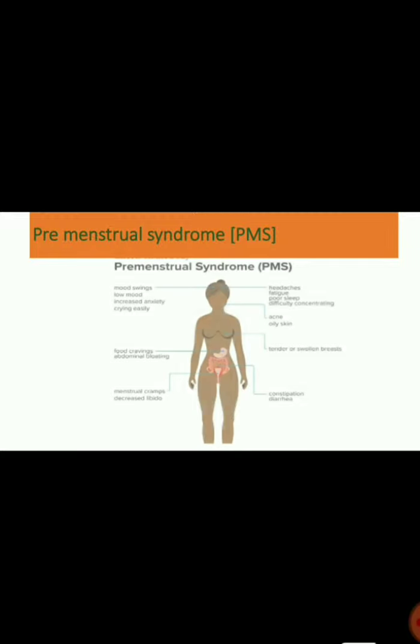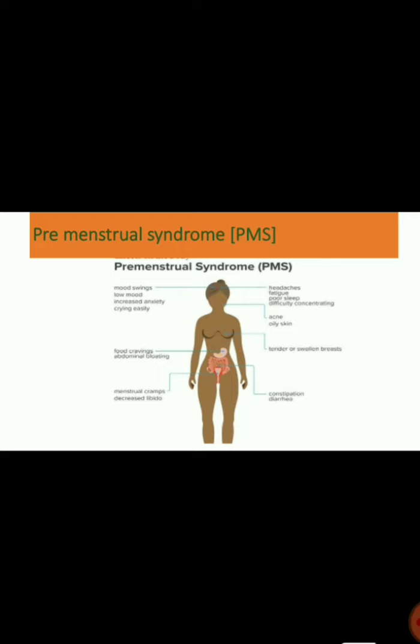Premenstrual syndrome is a disorder of unknown etiology, noticed just prior to menstruation. There is a cyclic appearance of a large number of symptoms during the last 7 to 10 days of the menstrual cycle. Before categorizing it as premenstrual syndrome, it should fulfill the following criteria.